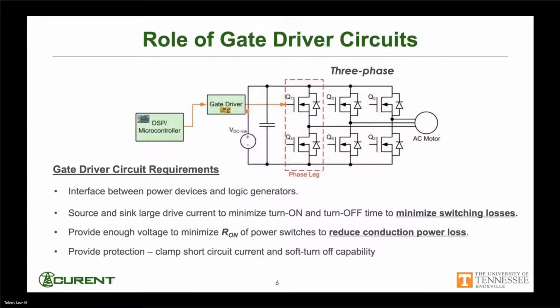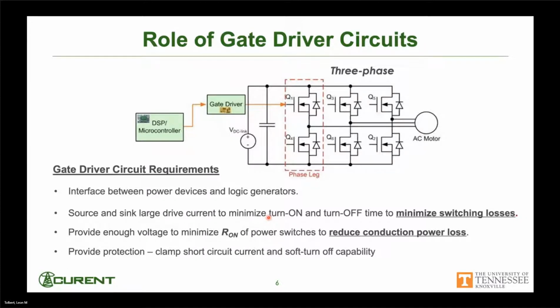The gate driver here, of course, is controlled by a DSP or microcontroller, and it's basically the interface between this low-level logic and the power itself. So some of the things that we have to do with the gate drive is we need to either source or sink enough current so that we can turn on this switch, turn off this switch fairly quickly. We want to minimize switching loss.